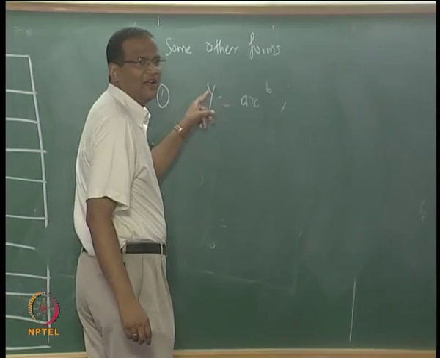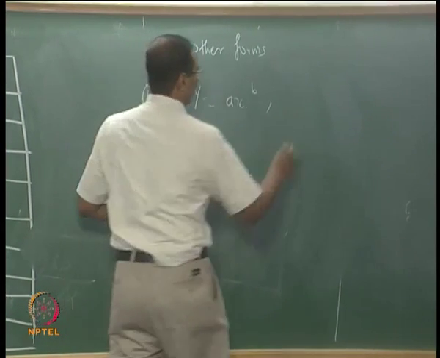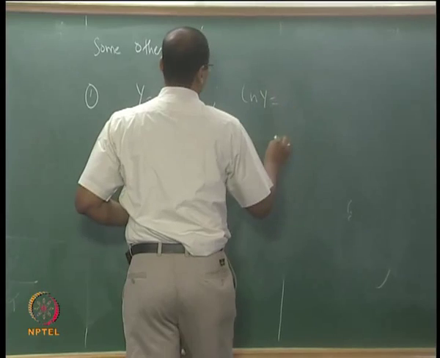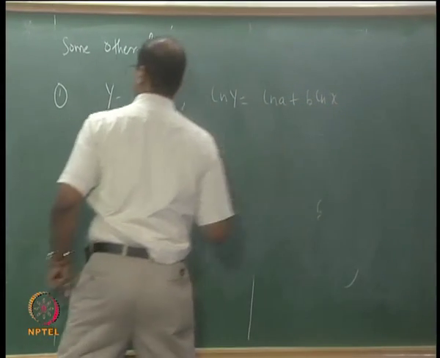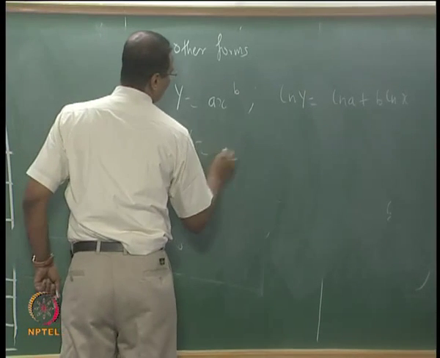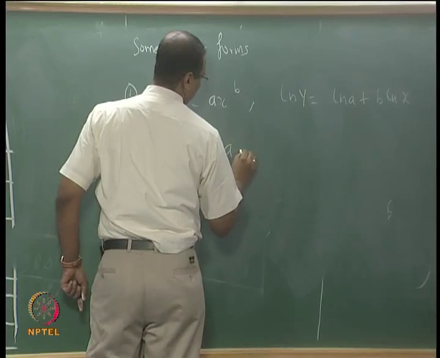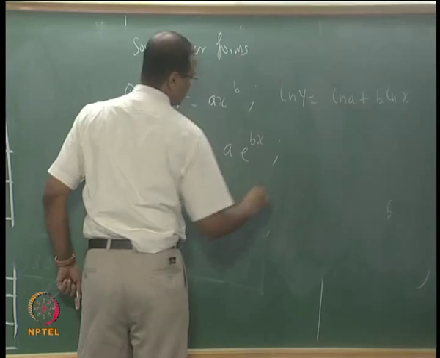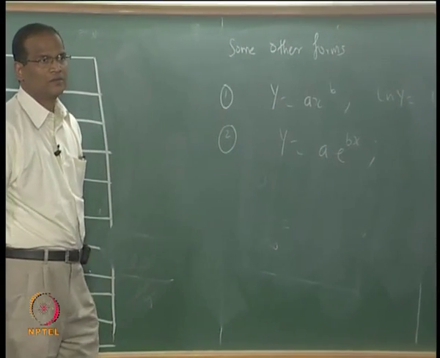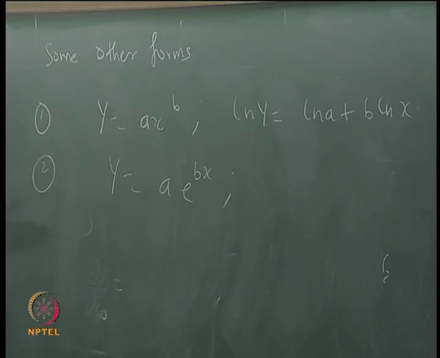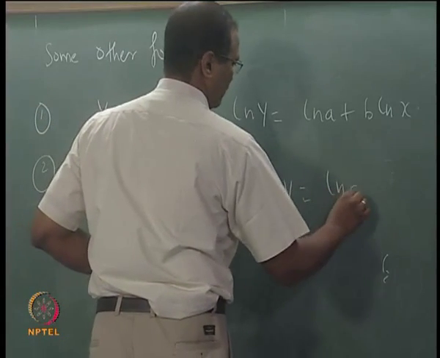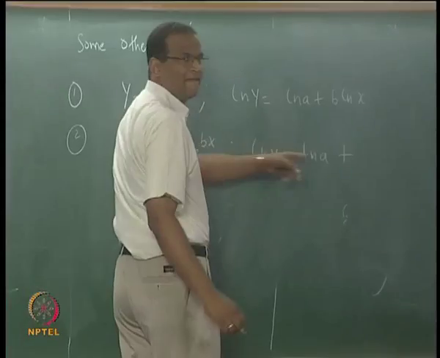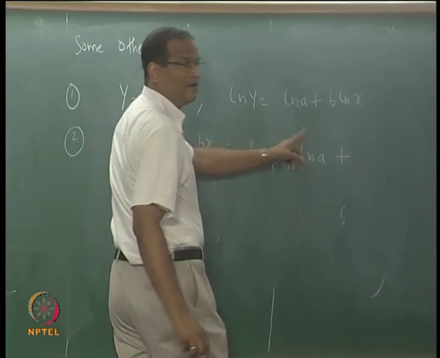How do you convert to a straight line? Ln. Y is equal to A e to the power of bx, same, ln y equals ln A plus bx.